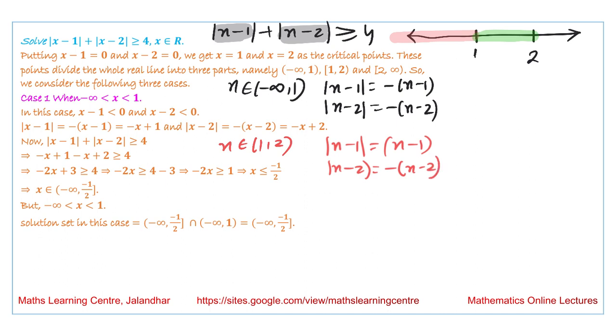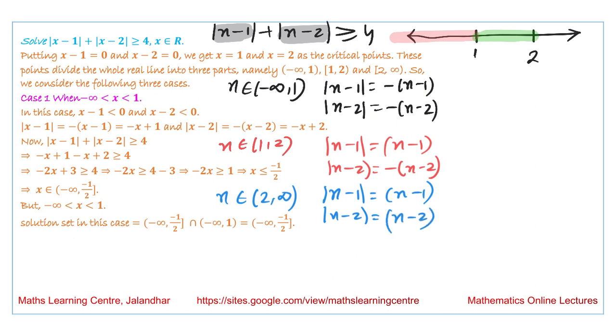The third case we are considering is when x belongs to the interval 2 to infinity. In that case, both these values will be positive. So mod of x minus 1 is equal to x minus 1, and mod of x minus 2 is equal to x minus 2.